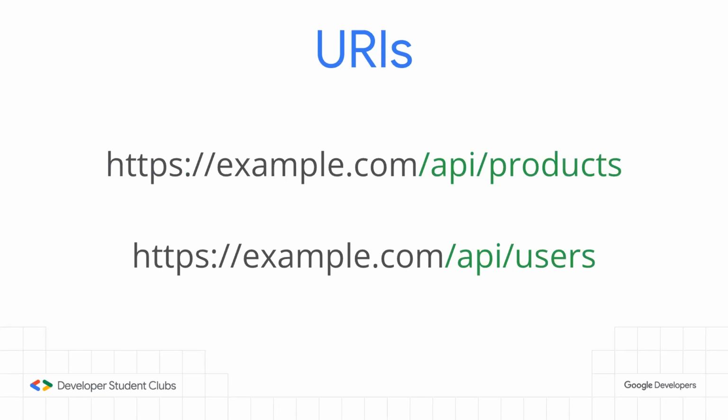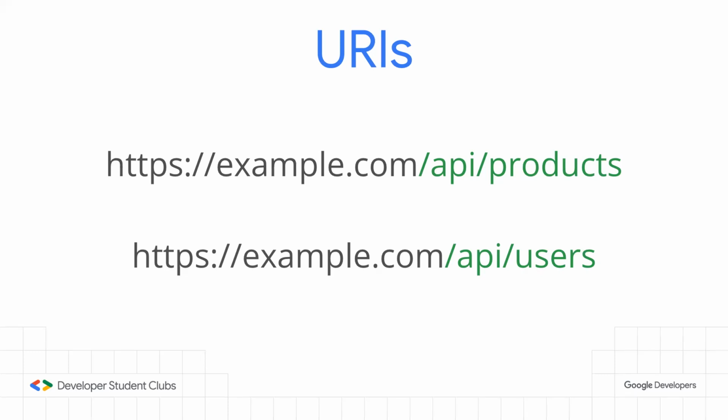Like I mentioned before, URIs stands for unique resource identifiers. If we look at the example of these two URLs, which are unique resource locators, we basically have on the left side in gray the domain, and on the right side, which is /API/products, or in the second line, /API/users, those are the URIs.